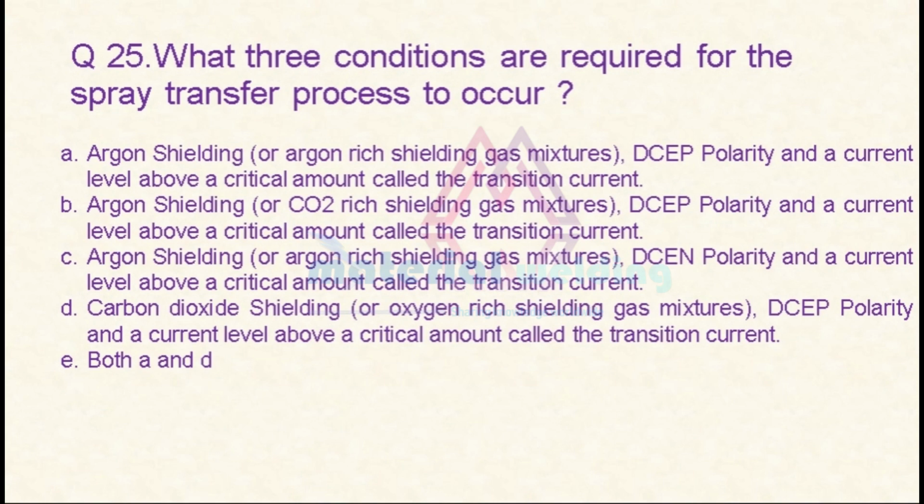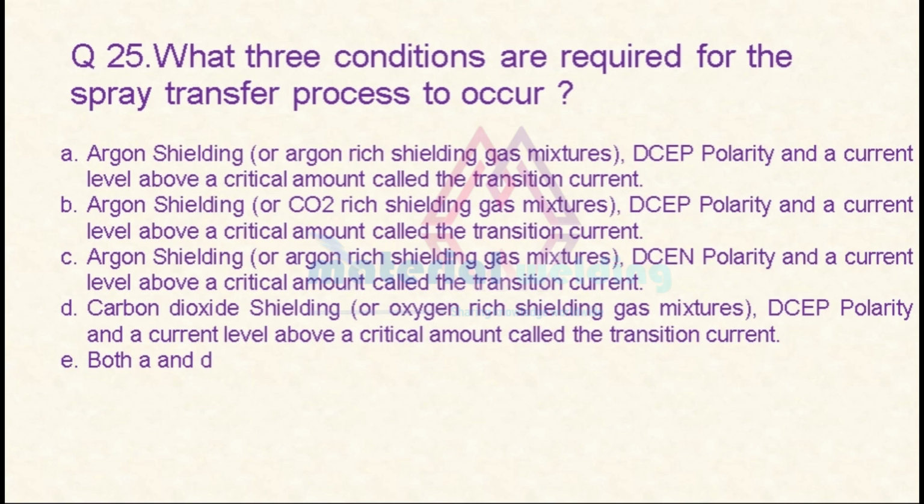Question 25. What three conditions are required for the spray transfer process to occur? A. Argon shielding, or argon-rich shielding gas mixtures, DCEP polarity and a current level above a critical amount called the transition current. B. Argon shielding, or CO2-rich shielding gas mixtures, DCEP polarity and a current level above a critical amount called the transition current.